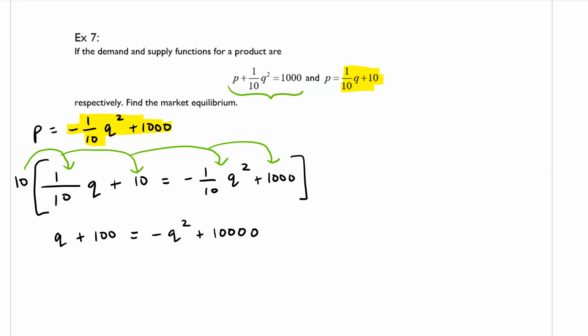When you multiply something by 10, you just add a 0 to the end of it, unless you're talking about fractions. Anyways, now I'm going to move everything over to one side. So I'm going to add Q squared to both sides and subtract 10,000 from both sides.